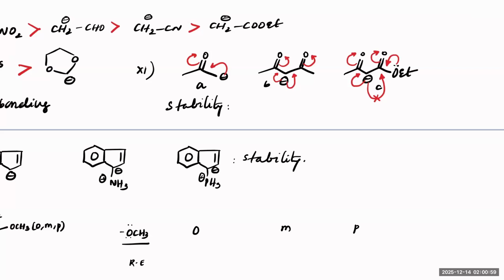So the most stability will be for B because it has resonance happening from both directions. Here also it is the same, but because of this oxygen, the pushing of electrons is weaker. So that makes B more stable than C than A.